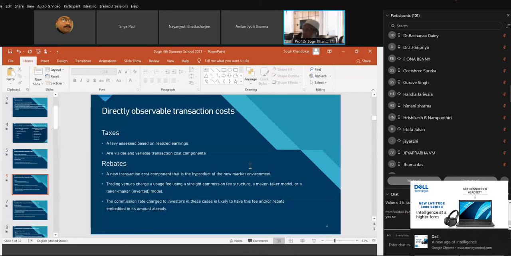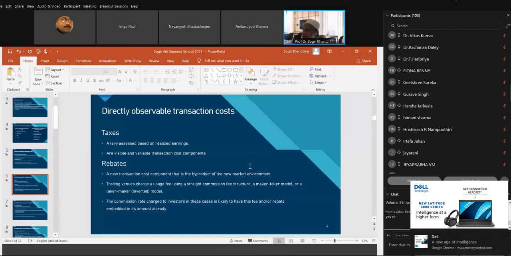That means if the investor gives liquidity to his or her broker, then the broker will give some rebate facilities.